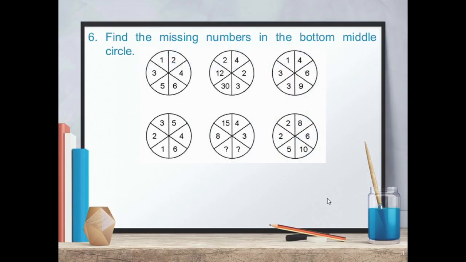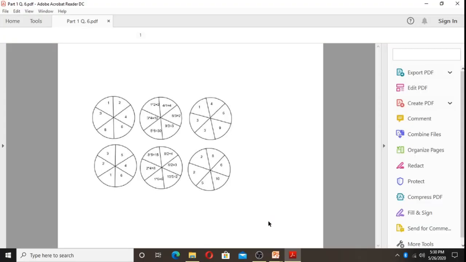Find the missing number in the bottom middle circle. This is very interesting. The correct option is 6 and 2.